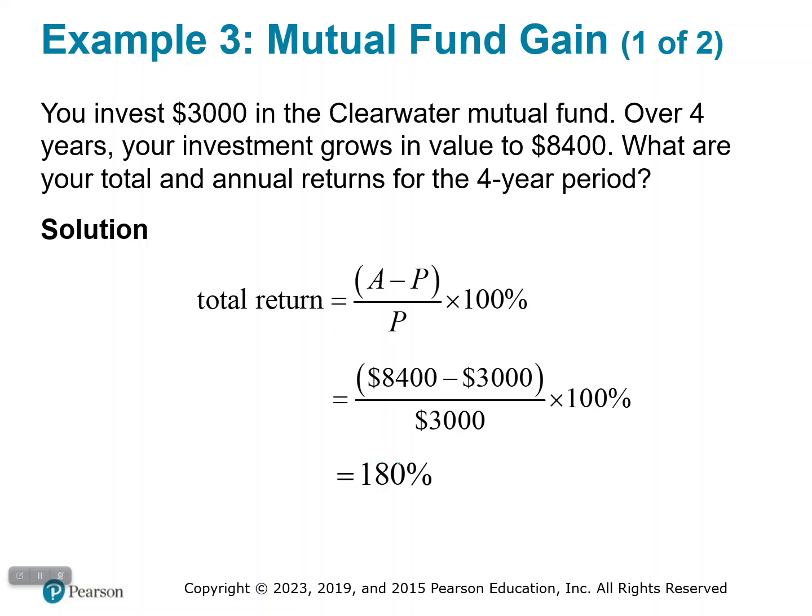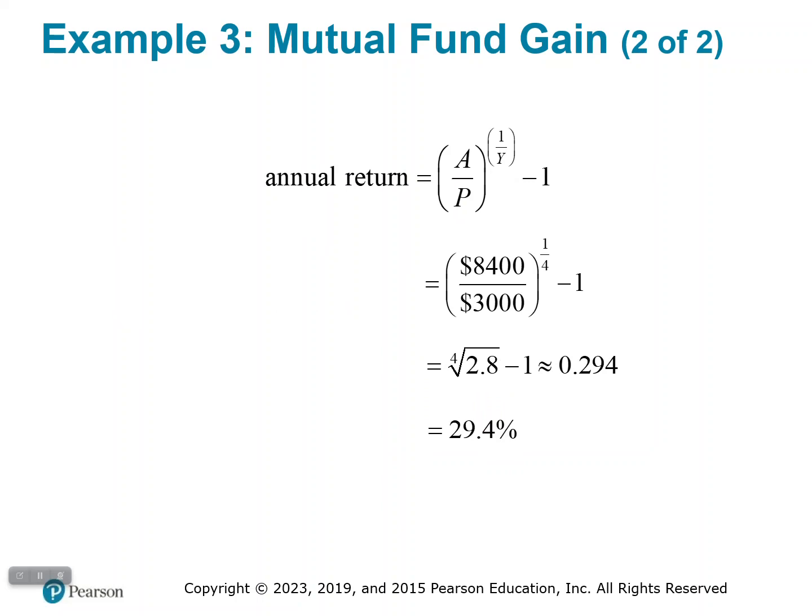So we gained back 180% of the money we invested, right? Our return, we still have that 3,000 in there. Our return was 180%, almost double, almost 200% of what we invested. Awesome. Annual return, the $8,400 we had in the future divided by the 3,000 we had originally is our internal fraction. The power, 1 over 4 years, so 1/4. That's the fourth root. When we divide, we get 2.8.